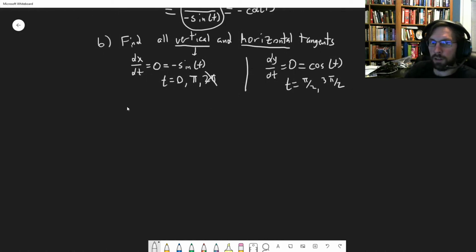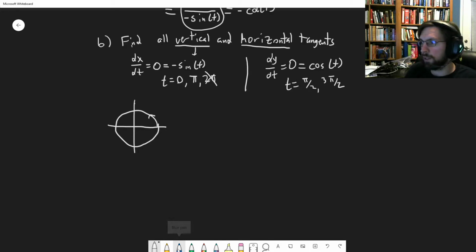Okay, so if we draw our circle oriented counterclockwise, you should notice we have two places where there are vertical tangent lines. Vertical tangent lines at t equals 0, right?